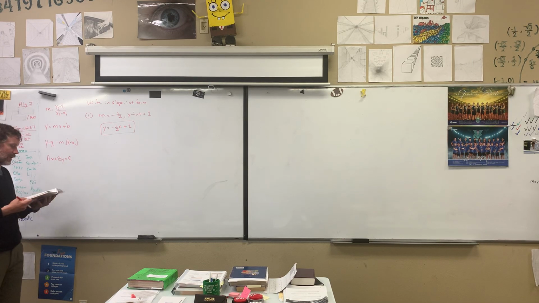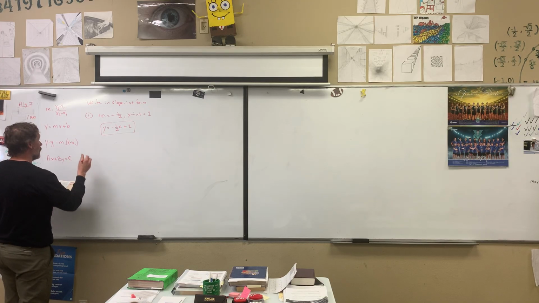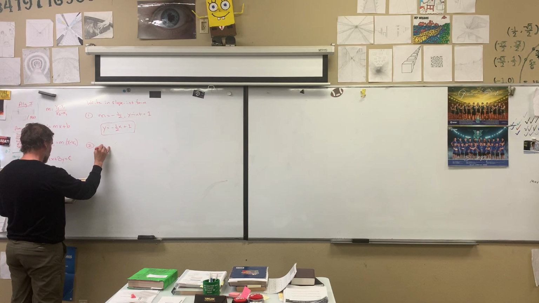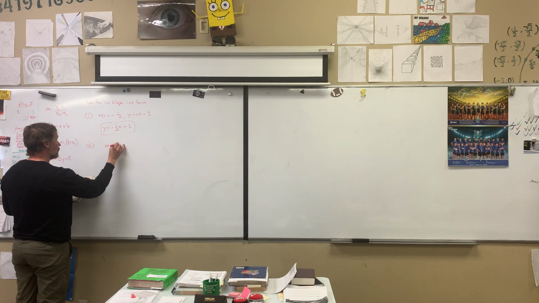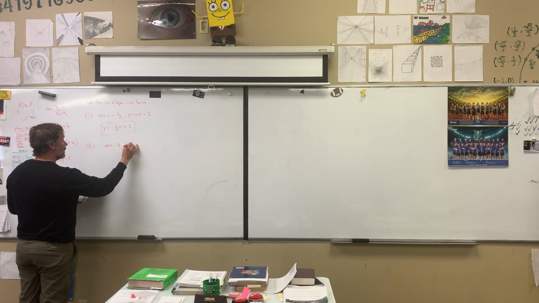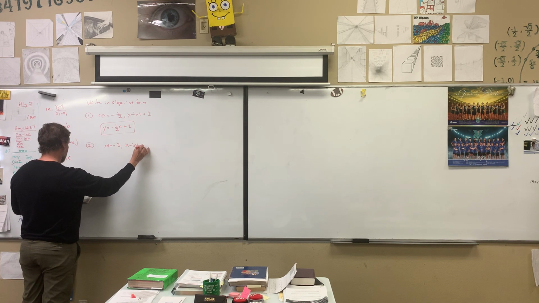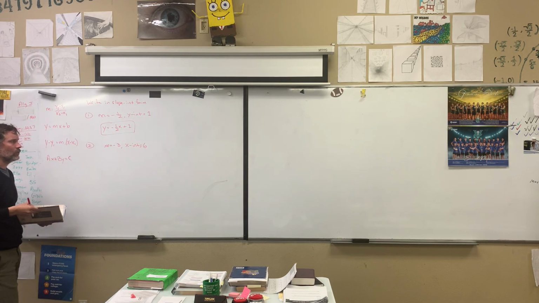Now, they will branch out from there, and they will state something like this. They will give you, let's say, a slope of -3, and then they say an x-intercept of 6. X-intercept equal to 6.